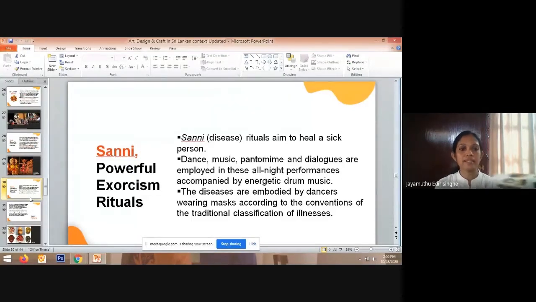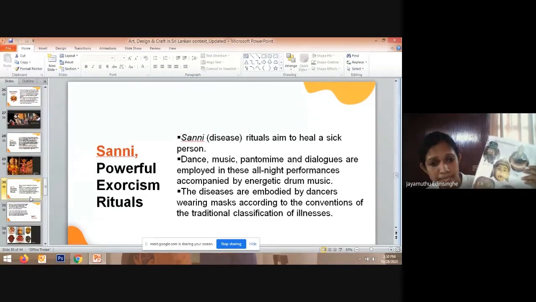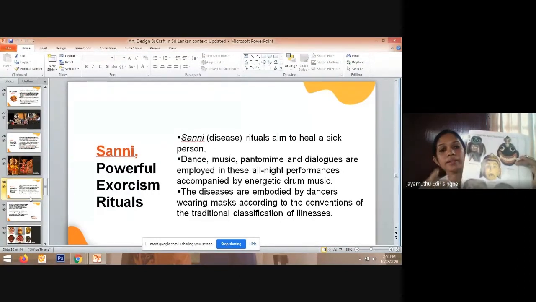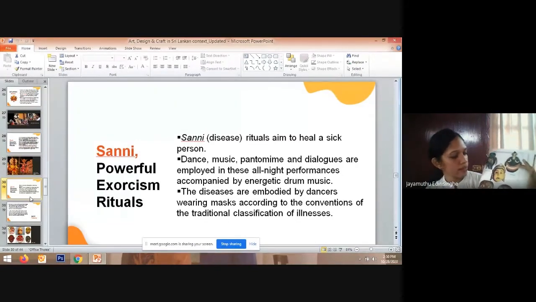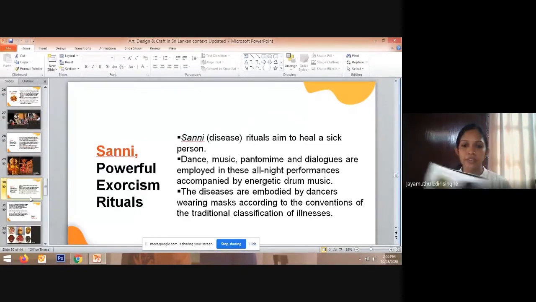After that, the Sanni masks come. The Sanni masks depict 18 sicknesses, and there are some masks depicting deaf people, and different diseases are depicted using these masks. Even the colors they use and the way they show the expressions are sometimes exaggerated. There are 18 of these Sanni masks depicting different illnesses.